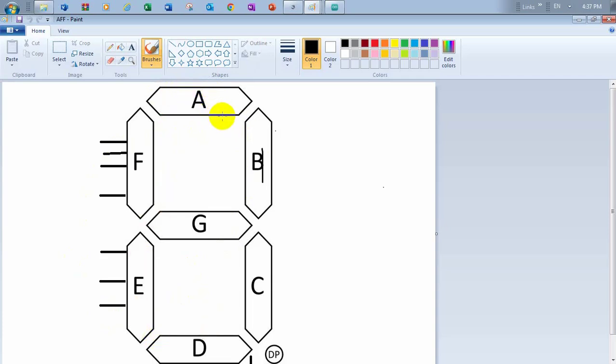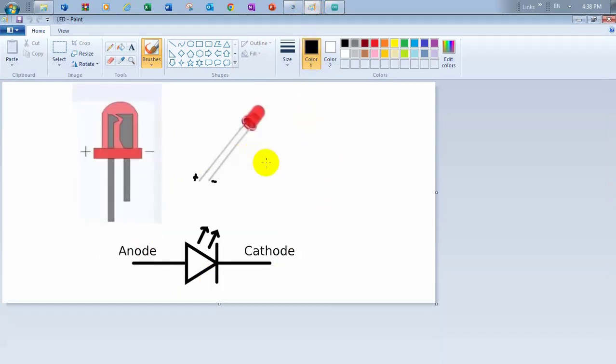And what happened, like what was explained in previous lessons, there are 7 LEDs, one in each segment.